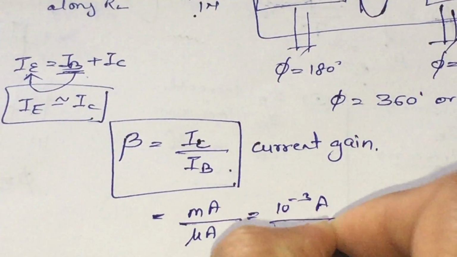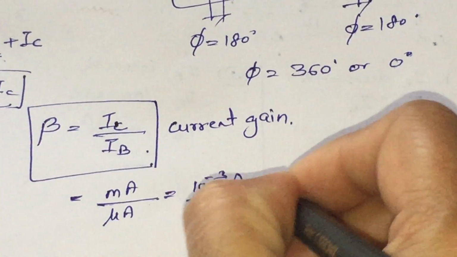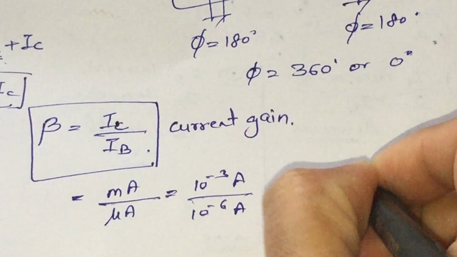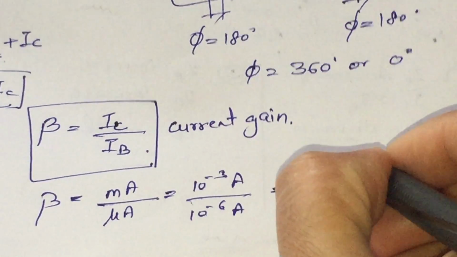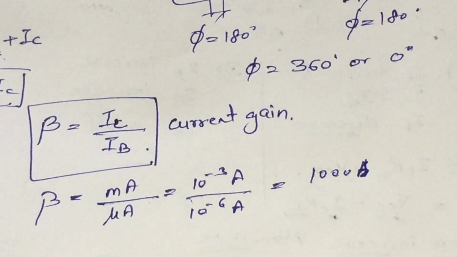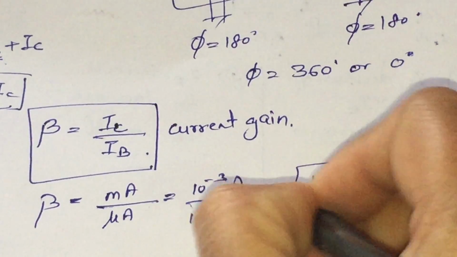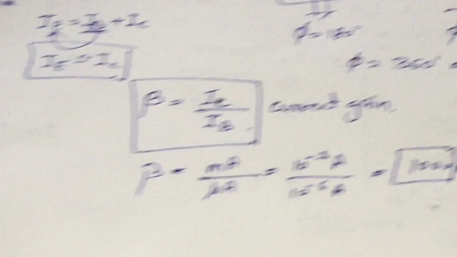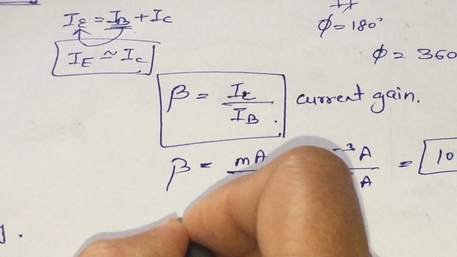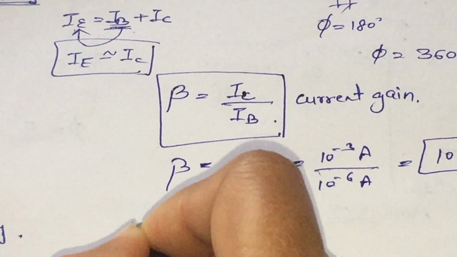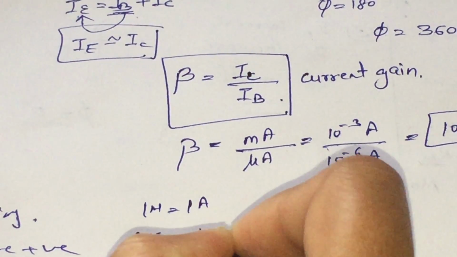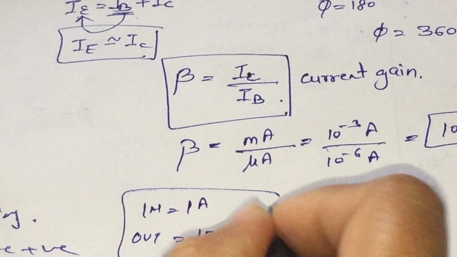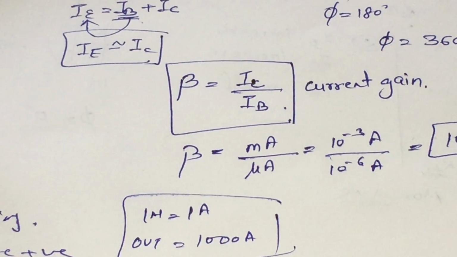By calculating all these orders, you will find that the current gain is approximately 1000 times the input current. It means if we are giving 1 ampere of current on the input side, we will get approximately 1000 amperes of current on the output side.